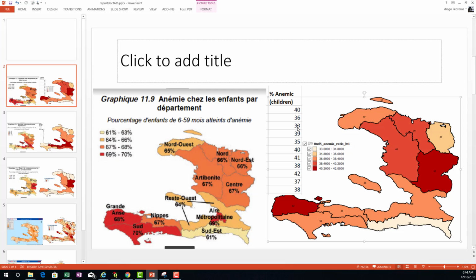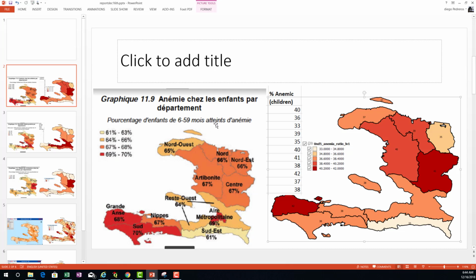This only goes to 40, 41, I think. Yeah, 41 is the maximum. And this one goes between 60 and 70. So I don't know why that is different.